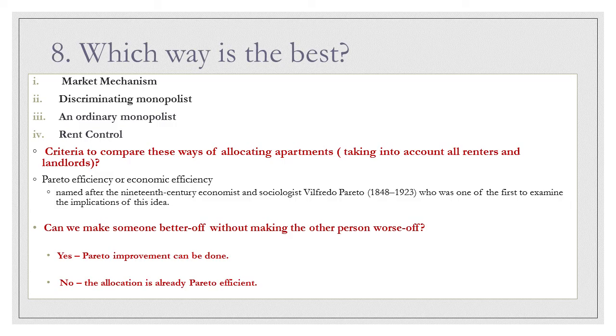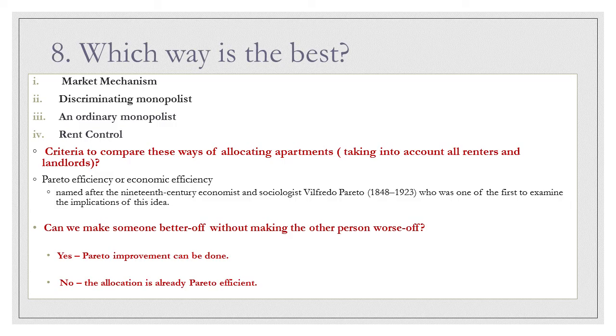If there is scope for allocation without making someone worse off, then a Pareto improvement can be done. But if you cannot make anyone better off without making the other person worse off, then the process is Pareto efficient already. So there is no more scope for allocation.